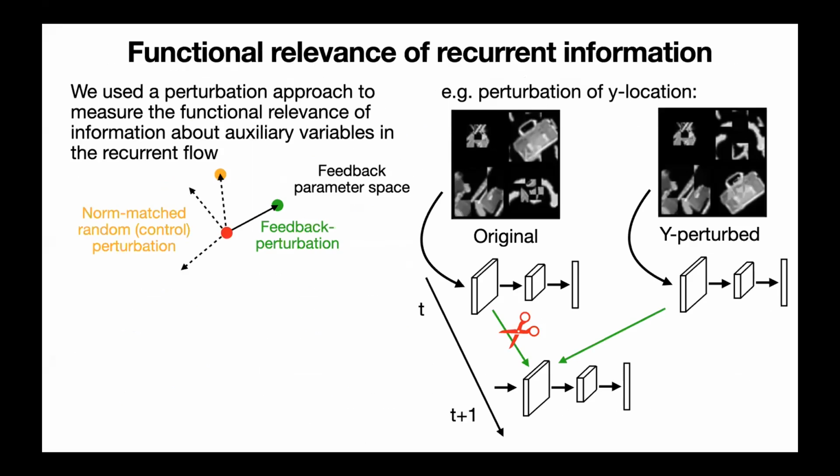And to control whether any shifting of the same magnitude can equally alter the performance of the network, or if there's something special about the directions of the auxiliary variables, we created random perturbations, which are done by shuffling the values in the perturbed vector. So this corresponds to shifting the network in a random direction, as opposed to the direction of changing the auxiliary variable.